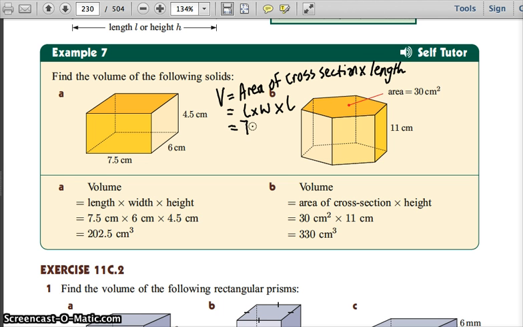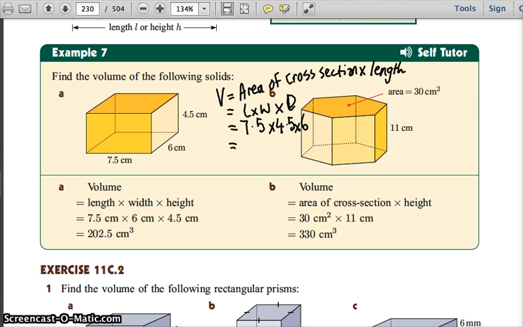7.5 times 6. Oh, 4.5. And we'd multiply it by 6, yep. So for this, because it's different, let's call it D, we multiply it by 6.